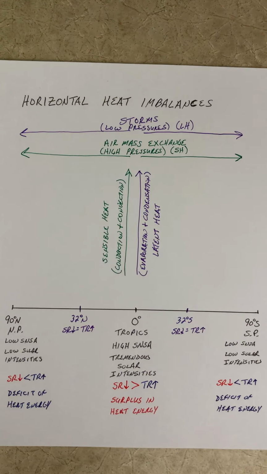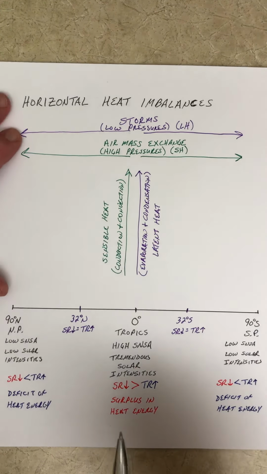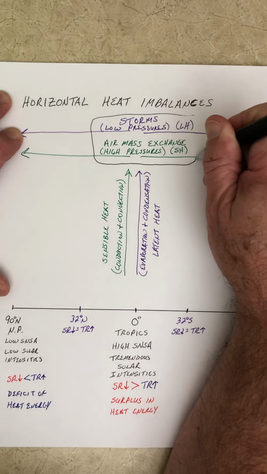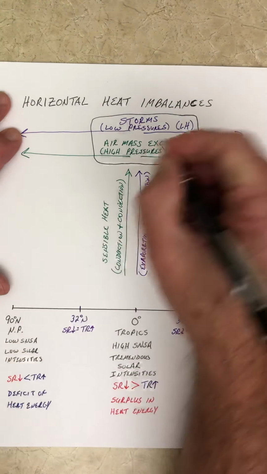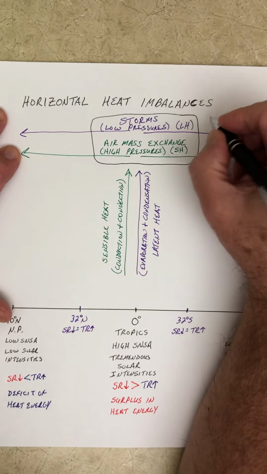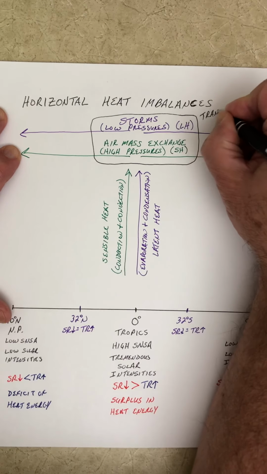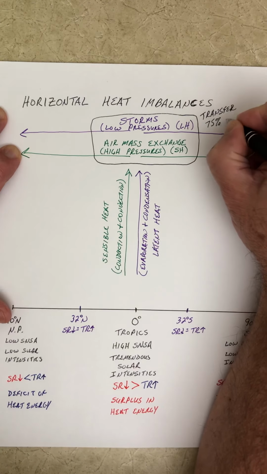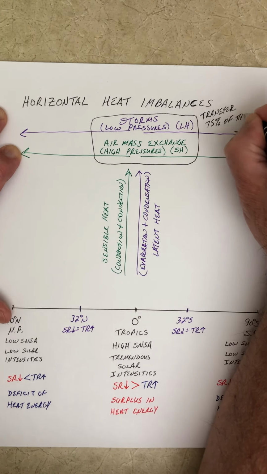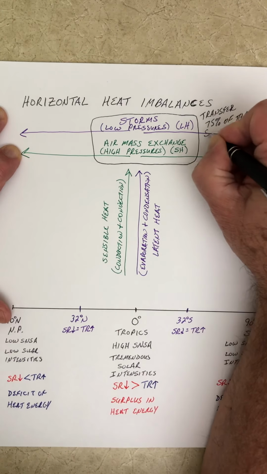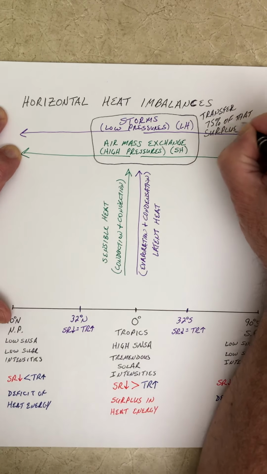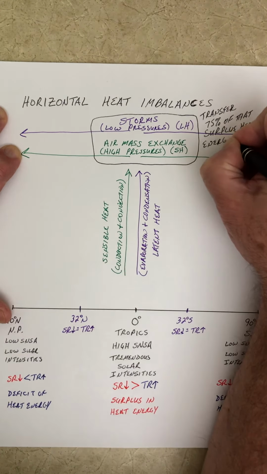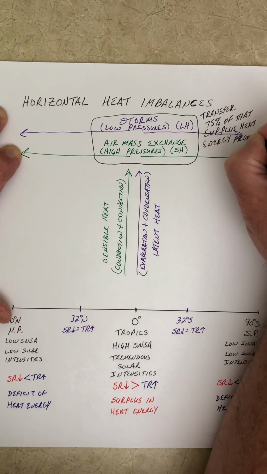These together, and I've run out of room here, I apologize, storms and air masses combined are going to transfer about 75% of that surplus heat energy from the tropics to the poles.